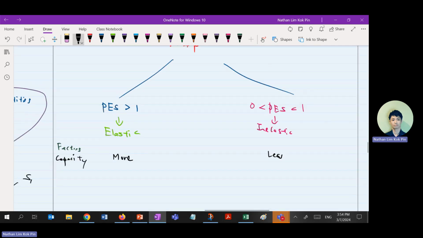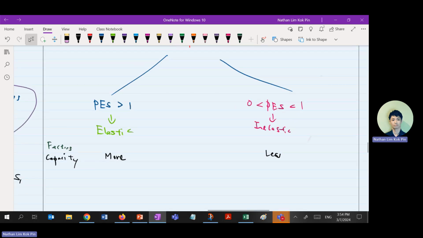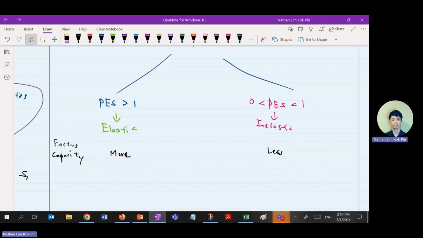If you refer back to chapter 1, although it's not coming out, on the PPC, if a country is producing inside the PPC, although it's inefficient, they actually have more capacity to produce, so they are more elastic. The points on the curve itself are really efficient, they don't have any capacity left.